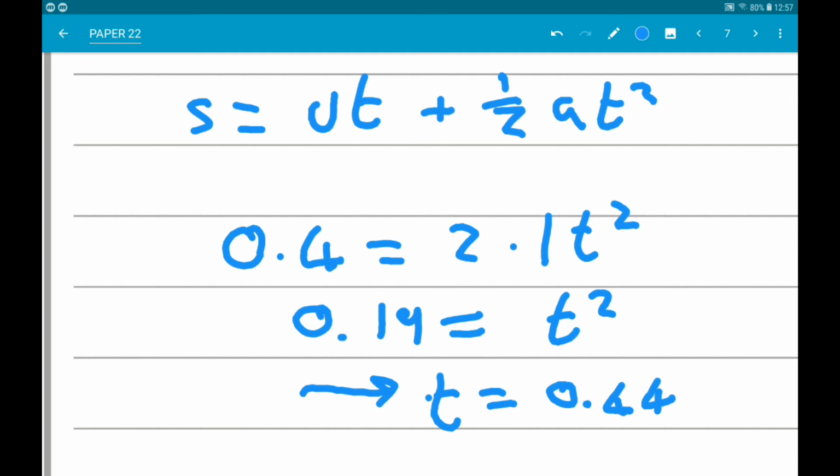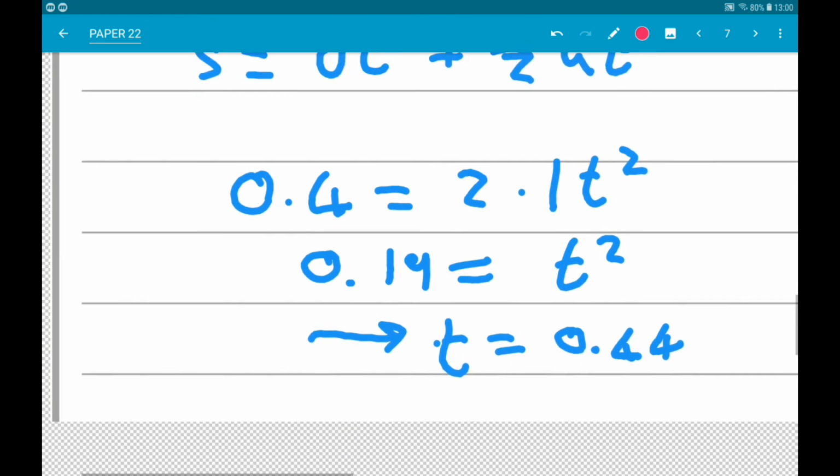So, what we can do now is find how far P has travelled in those 0.44 seconds, calculate its speed, and then calculate how much longer it's going to take to hit the pulley.